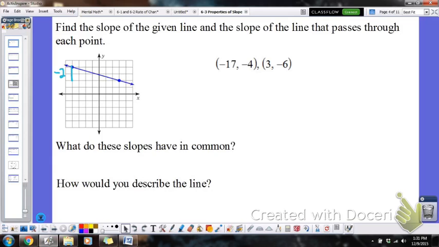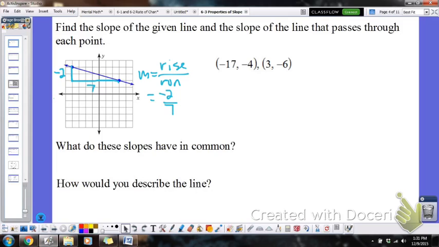Now I have to run and see how far it takes me to get to my second point horizontally. So 1, 2, 3, 4, 5, 6, 7. So that is 7. And since m is equal to my rise over the run, my slope is negative 2 over 7.